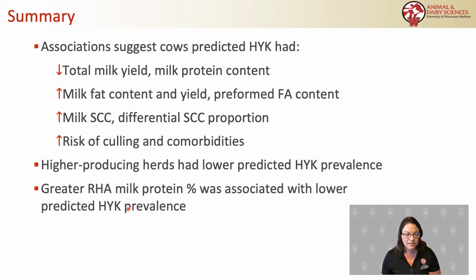And then the last note here is that greater rolling herd average milk protein was associated with lower predicted HYK prevalence. We understand the biology of fat mobilization. When she milks off her back, we have metabolic challenges, and then we see that fat occur in the milk. And so we see increased milk fat.